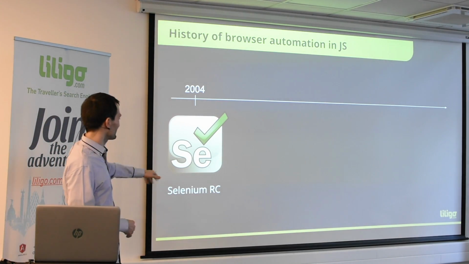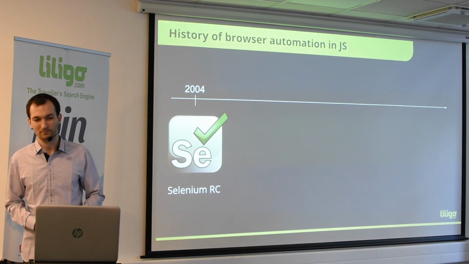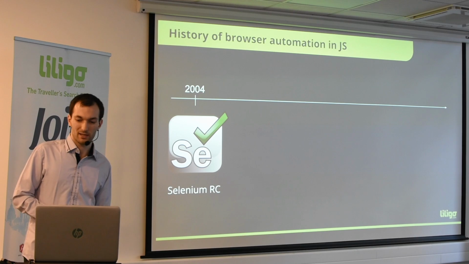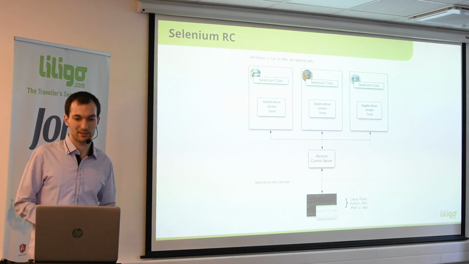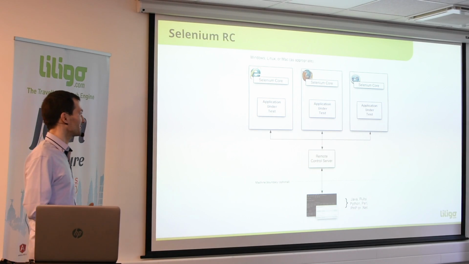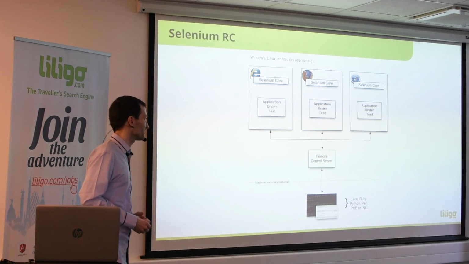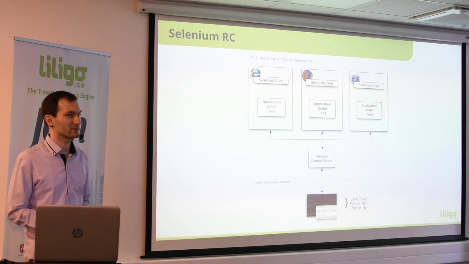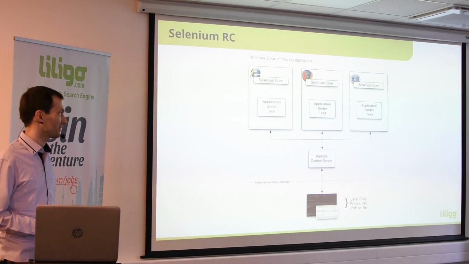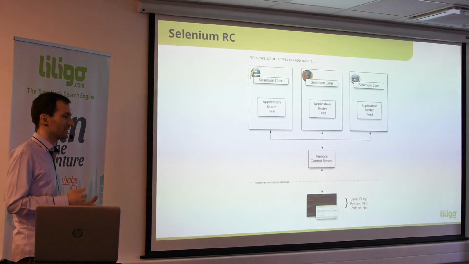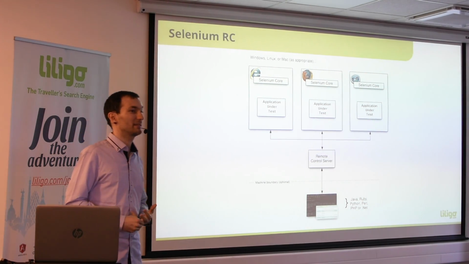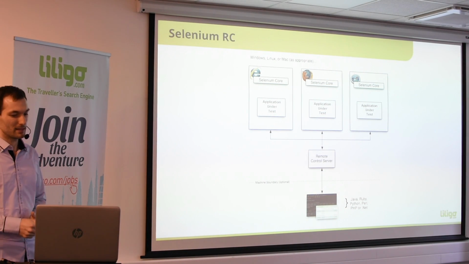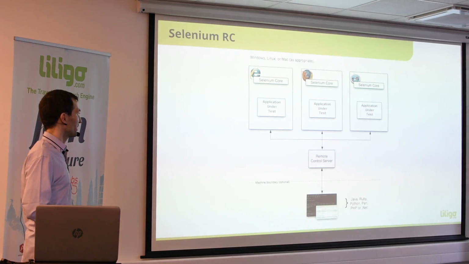The RC, after its name, was added later, and it refers to this first version of the software. The way it worked was that you started up a remote control server that acted as a proxy server, and also started up your browser, and on a specific URL, which served a piece of JavaScript that was called Selenium Core, and it could interpret commands sent to it and carry them out in the browser.